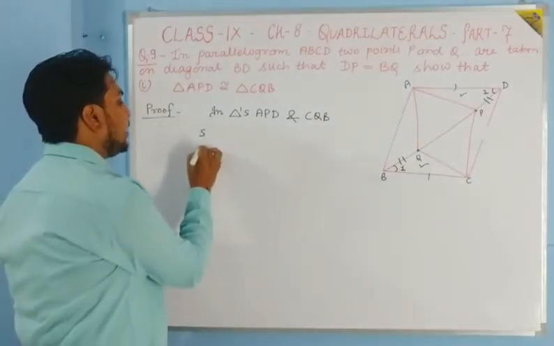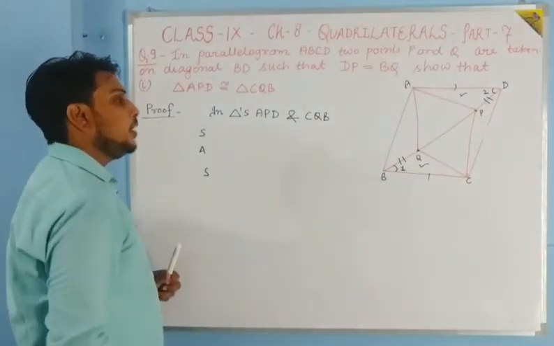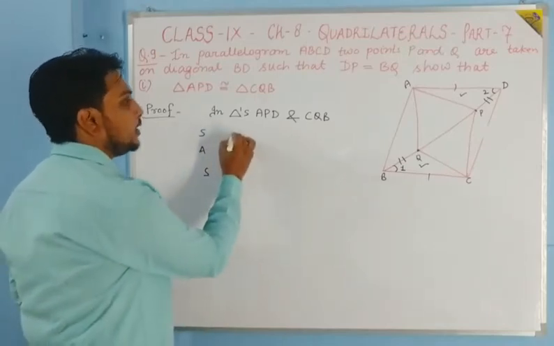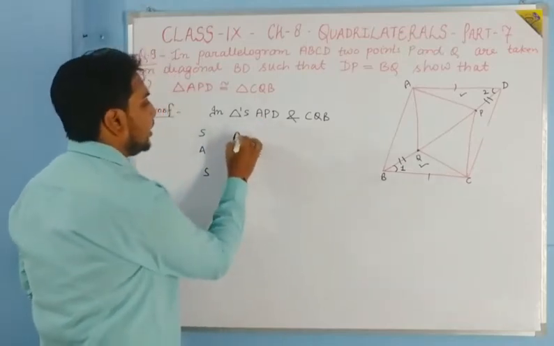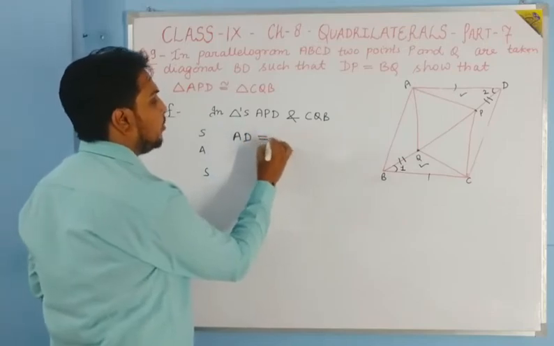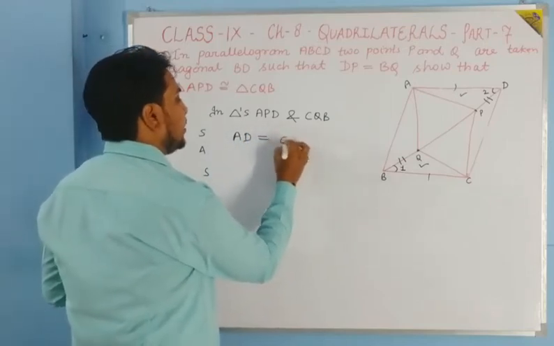By side angle side. So see, the first side, in triangle APD we are writing that side AD is equal to the side CB.